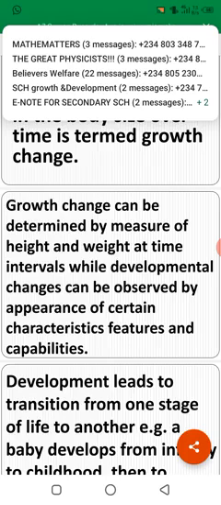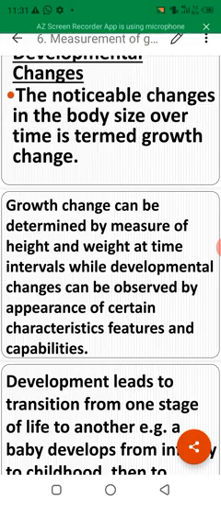While developmental changes can be observed by appearance of certain characteristic features and capabilities. Like when a boy is developing, his voice will become deep. And you see some things on him. The same thing with the girls: when the girl is developing, you see some things on her.